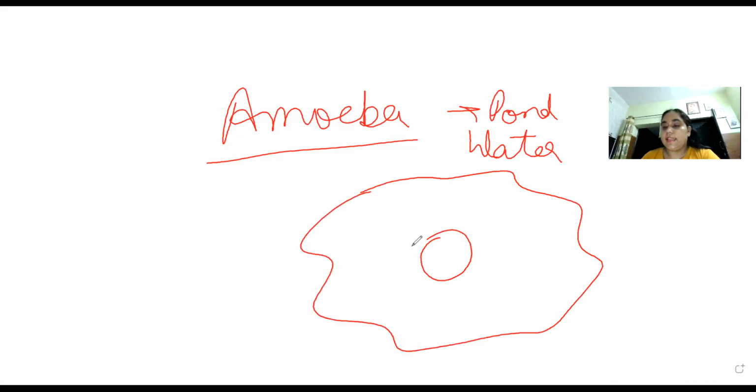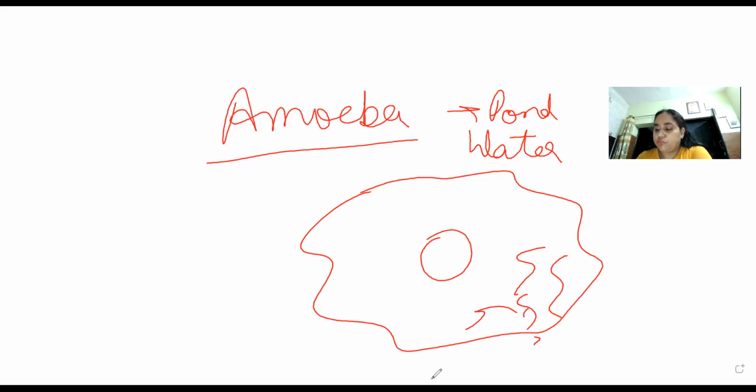Amoeba ingests its food with the help of false feet, which are called pseudopodia, and the food is digested in the food vacuole. It has finger-like projections, called pseudopodia or false feet, for the movement and the capture of the food.